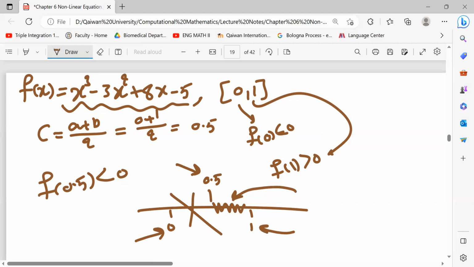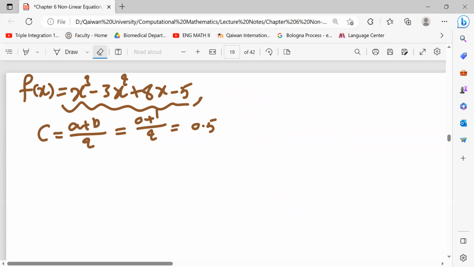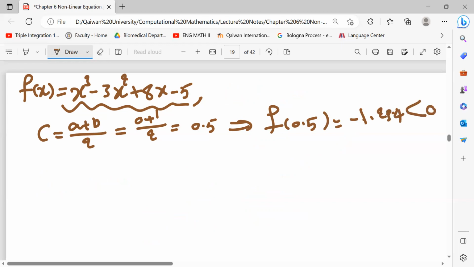Let's find the new C. Let's check. We find f of 0.5, which is negative 1 point something, less than 0.